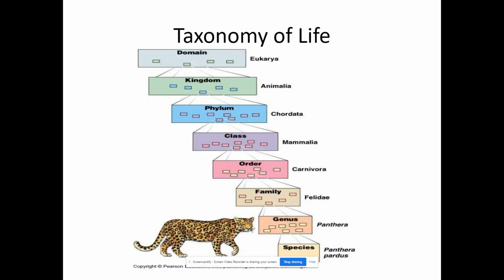You get the idea. Still a big group. And then class is going to be even more specific, and then you have order, family, genus, and then species is where you get to an individual animal, or certain type of animal.